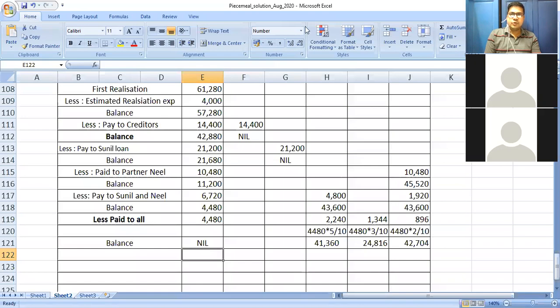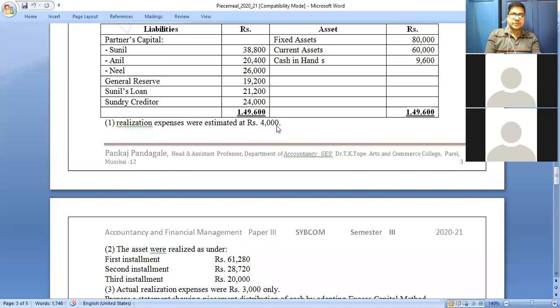Now one thing you have to keep in mind here: in our problem they estimated realization expenses of 4,000. It means at the time of dissolution they decided 4,000 will be the amount of the realization expense. It is estimated, meaning they kept 4,000 rupees for realization expenses, but actual expenses occurred were only 3,000.